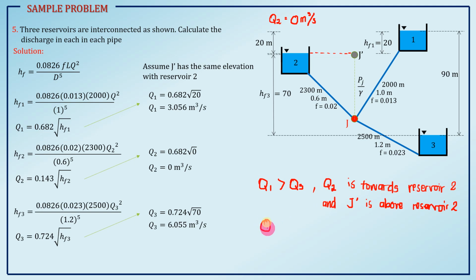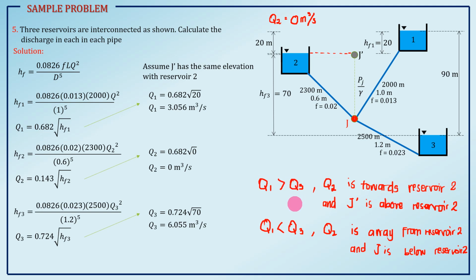But if your Q1 is less than Q3, Q2 is away from reservoir 2 and J is below reservoir 2. So, this is the checking part.